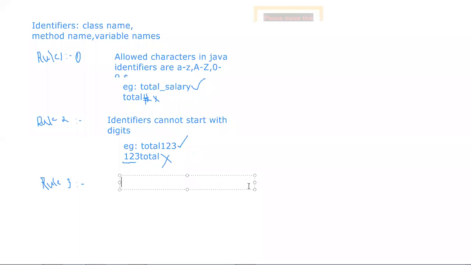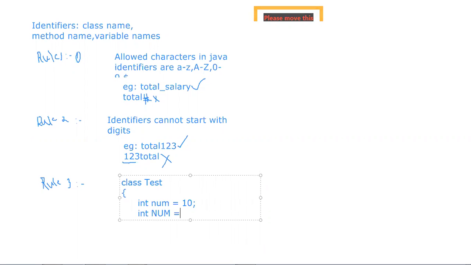I'll write class test, and within the braces I'll write int num is equal to 10, then again int capital NUM is equal to 20, and again int capital NUM is equal to 30.